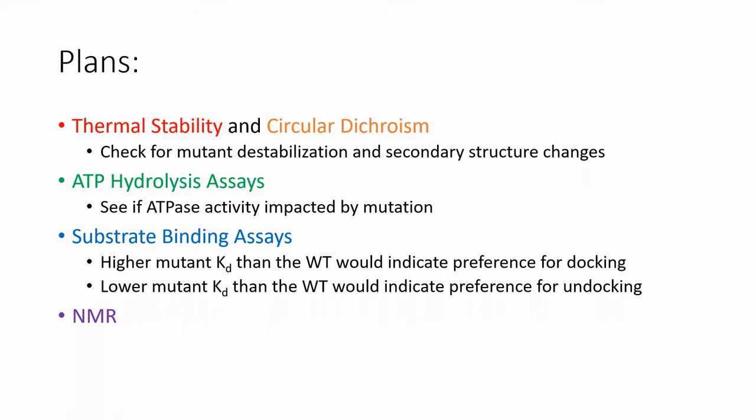In the future, I plan to compare my wild-type and T163E Hsc70 proteins in a few different ways to evaluate my hypothesis. First, I would want to do thermal stability tests to see if my T163E mutant is destabilized at all compared to the wild type, as well as circular dichroism, or CD, to see if there are any secondary structure changes in the mutant.